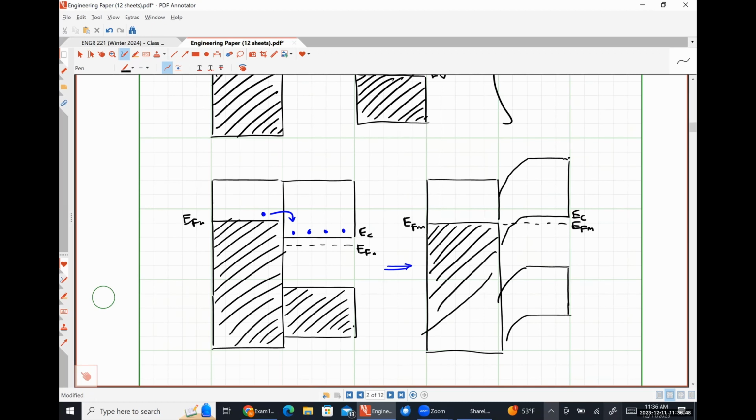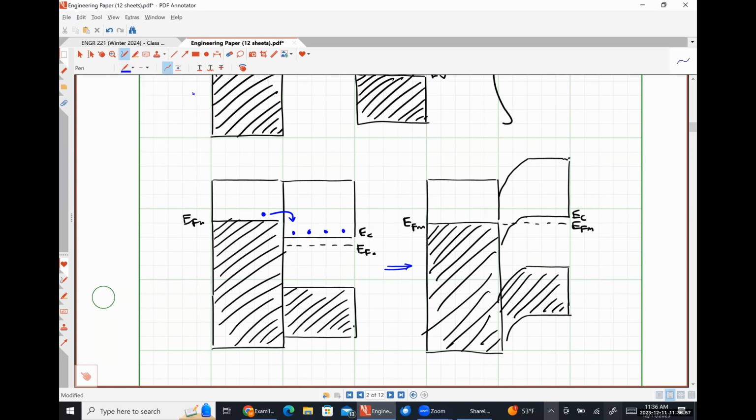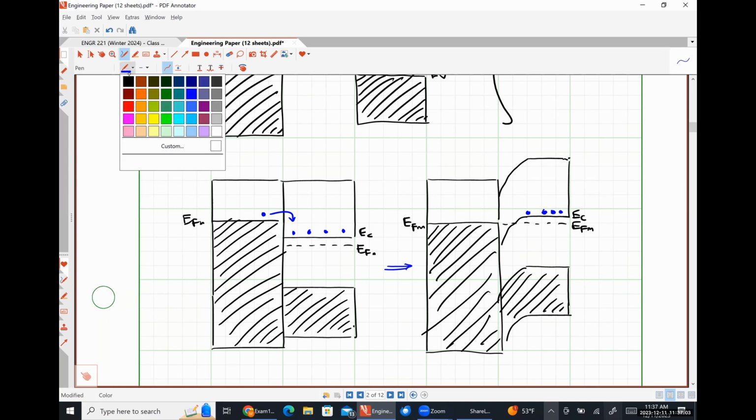We have electrons over here in our conduction band and all of that kind of good stuff.